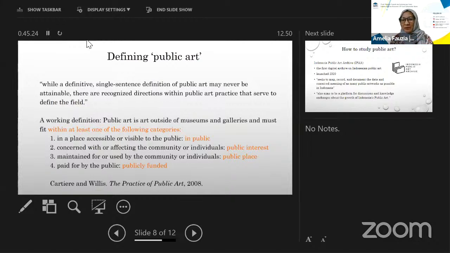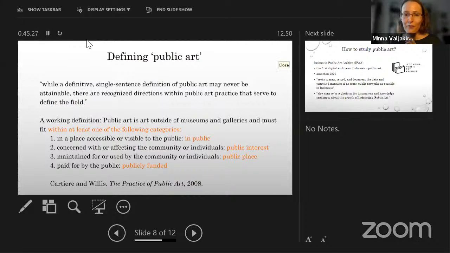Mm-hmm. So in English, especially in the UK, they do speak about public art collections. And these public art collections are in the museums. So in English, sometimes people also understand that a national museum, a government-owned museum, is also made with public funds and has a kind of public art collection.